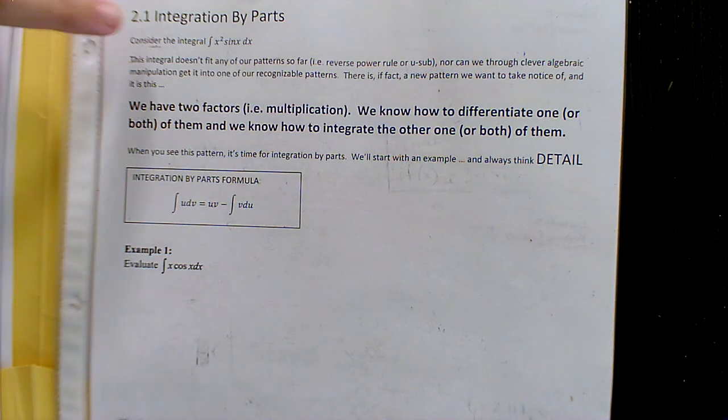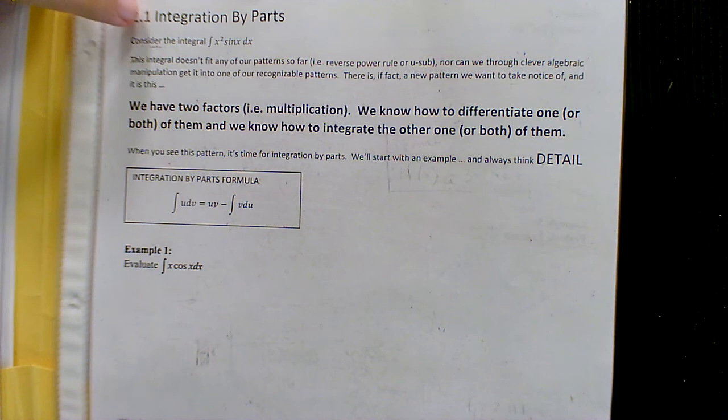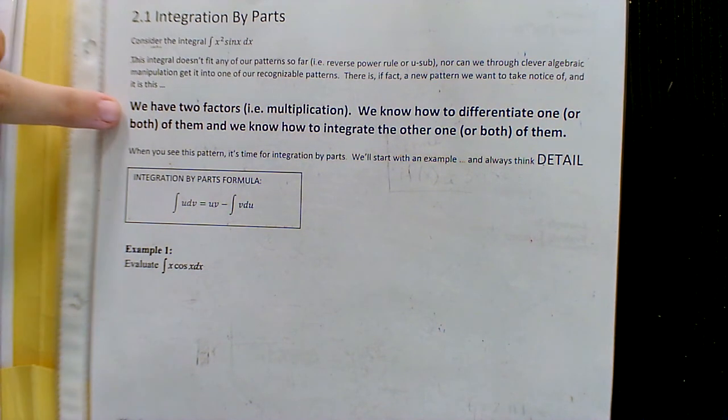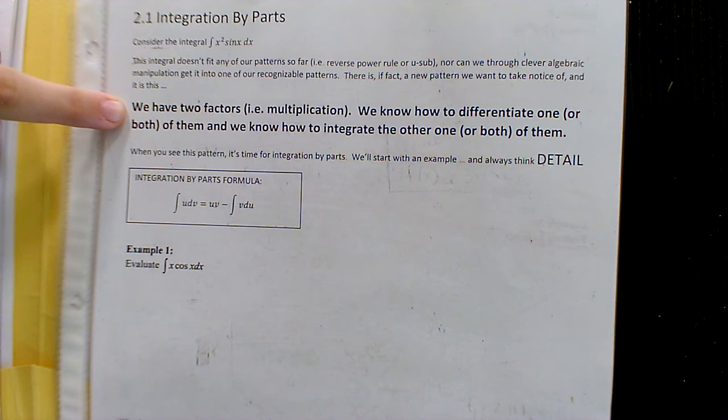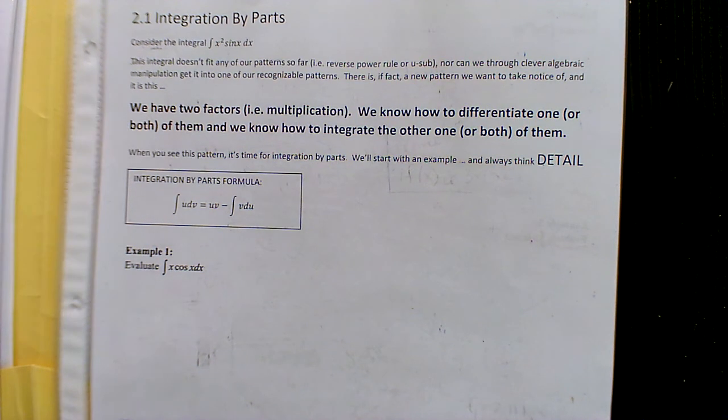If you take a look at this bolded statement right there, this is the key idea or things to look for to clue you in to using this integration by parts technique that we're eventually going to cover. We have 2 factors, aka being multiplied together. Factor means multiply.